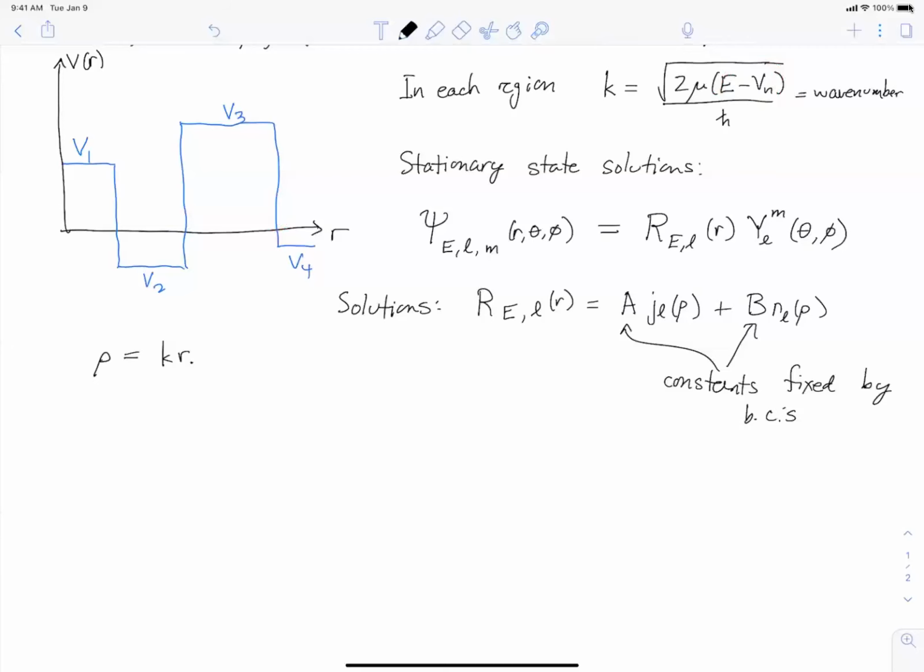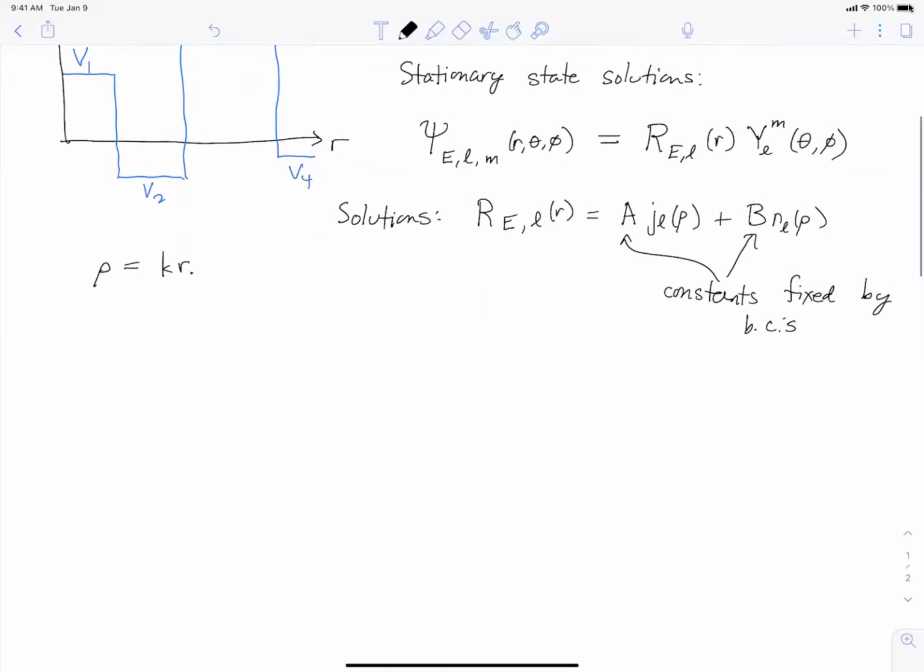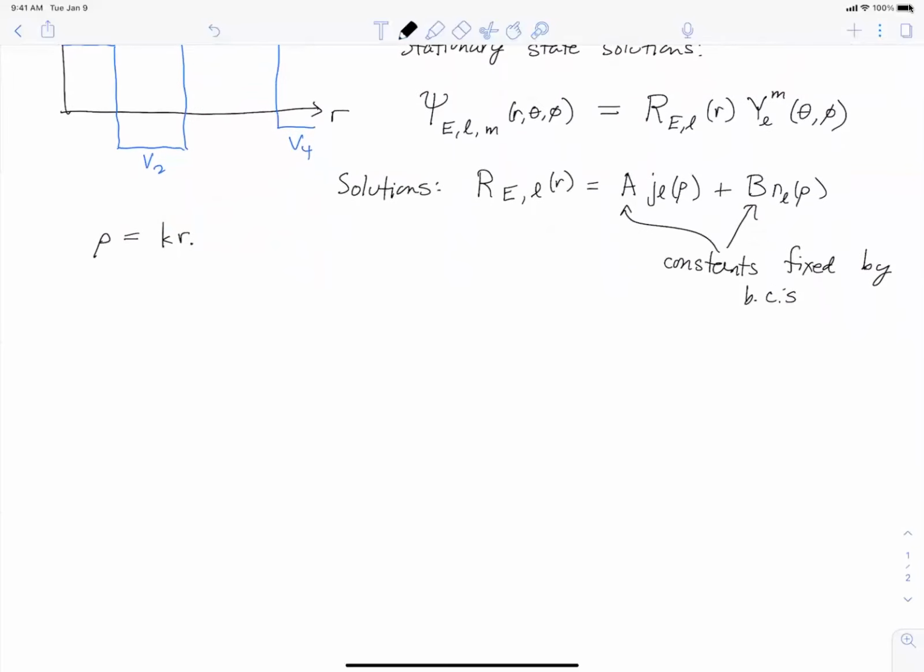Now, when one does this, since we're just taking linear combinations of the spherical Bessel and Neumann functions, it often turns out that certain linear combinations are useful.